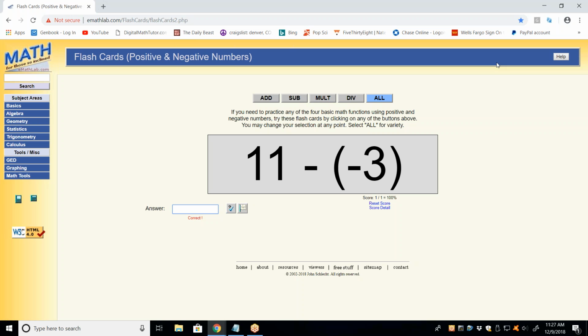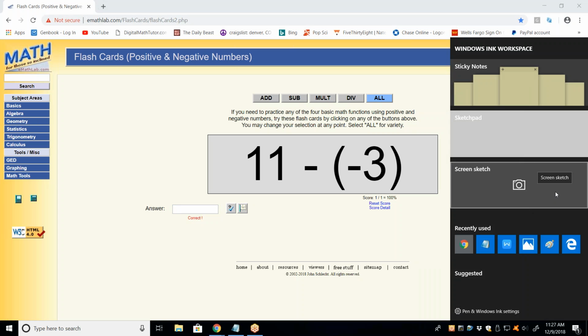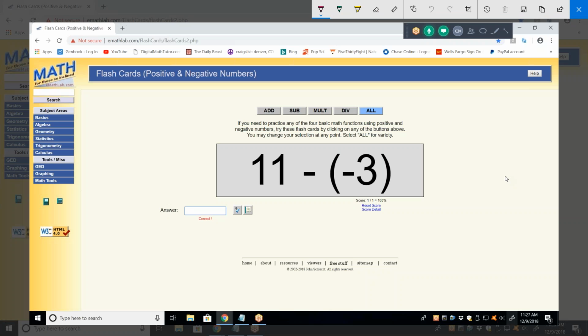What's this? That's positive 8. Okay. No, that's not correct. What kind of a problem is this? This is a subtraction problem involving another negative number, correct?